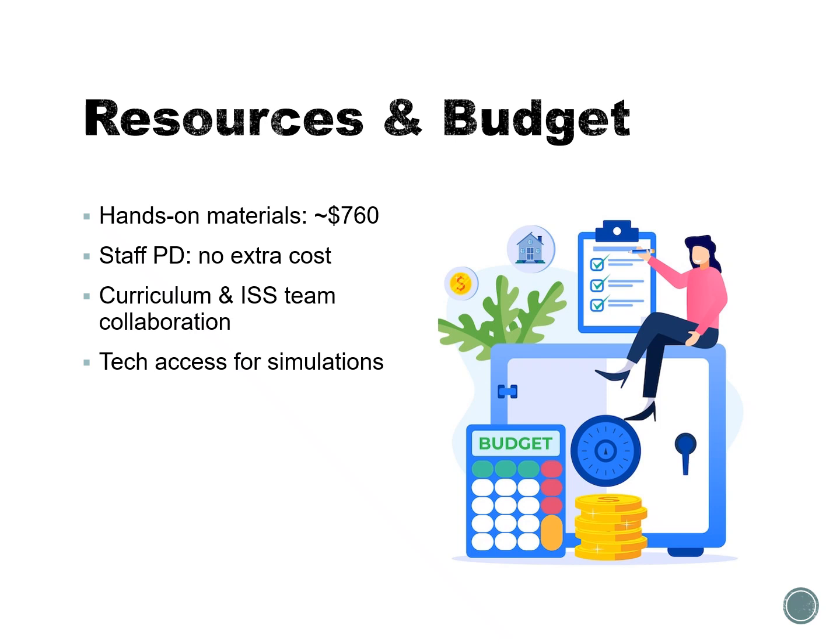So we'll get the initial materials, which are about $760. And then for the staff PD, I'm gonna be creating the professional development and showing the hands-on approach, and that's not gonna cost the school anything.